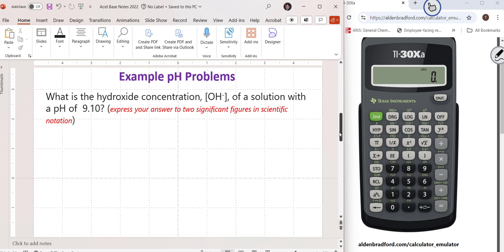For me, it's easier to use this relationship first: pH plus pOH equals 14.00.